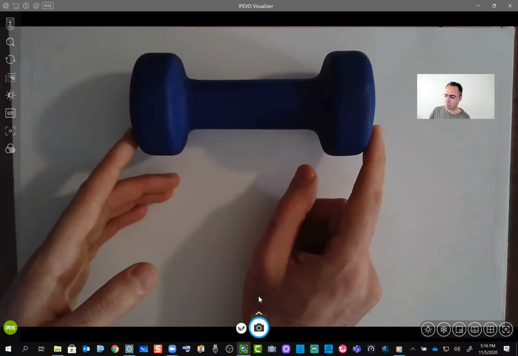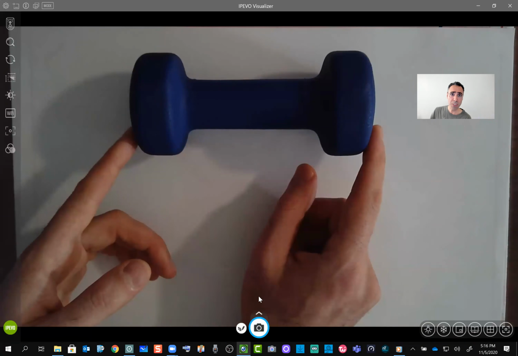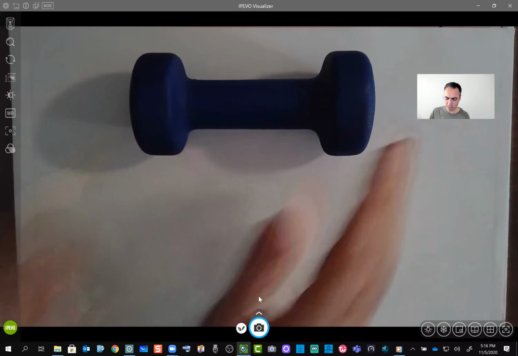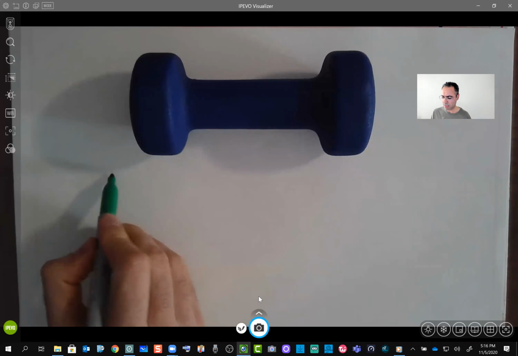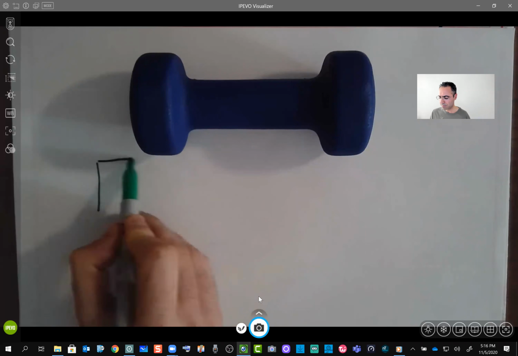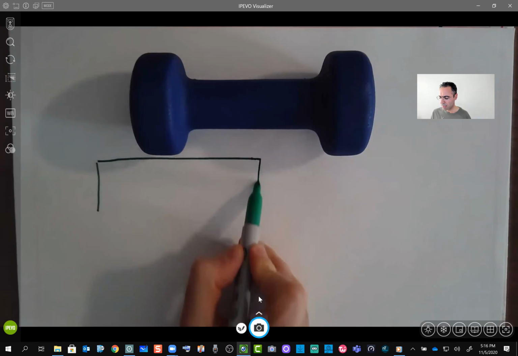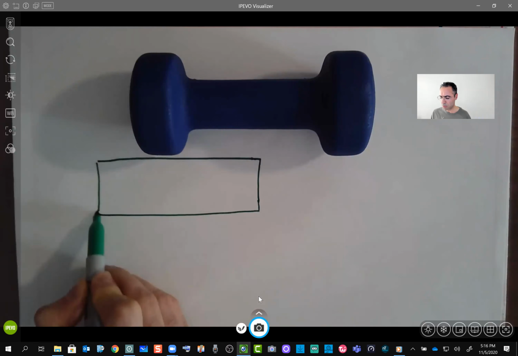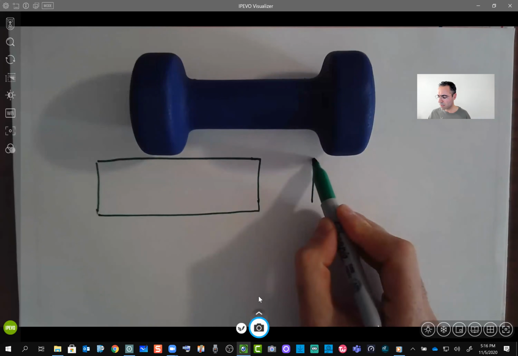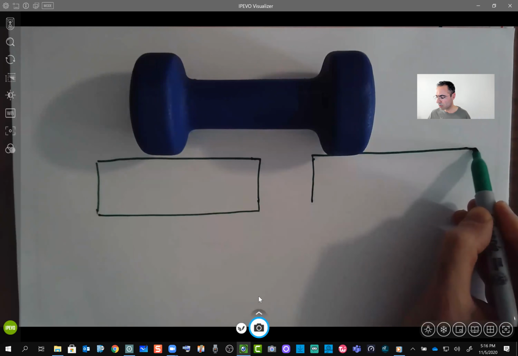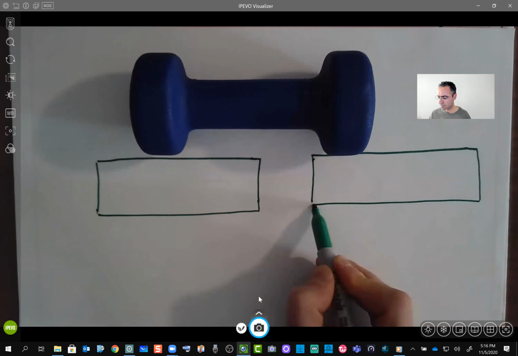Let's focus now on two processes, machining and forging. If I want to make this by machining, I have to start with the original material like this one.